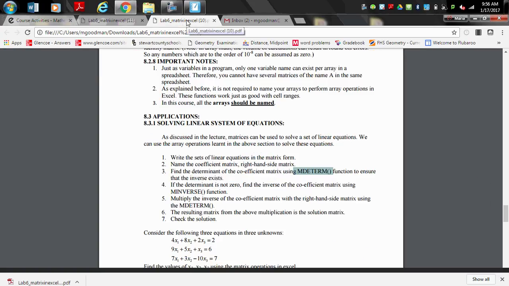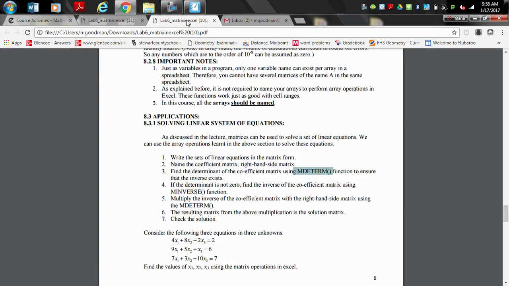Then, once you find your determinant is not 0, you must find the inverse.